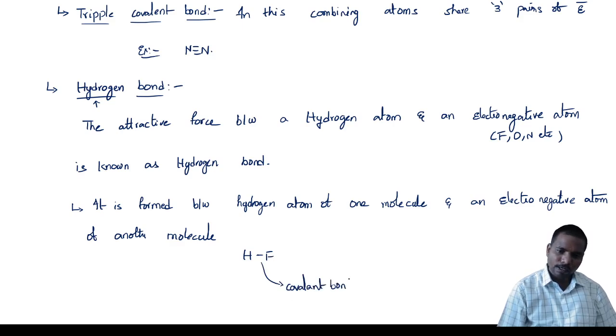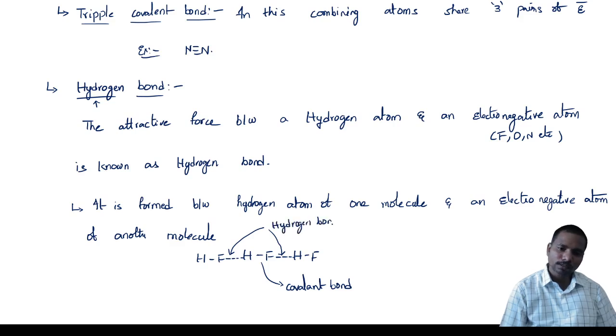But consider one hydrogen fluoride molecule and another hydrogen fluoride molecule: the dotted line bond between this fluorine and hydrogen is nothing but a hydrogen bond.